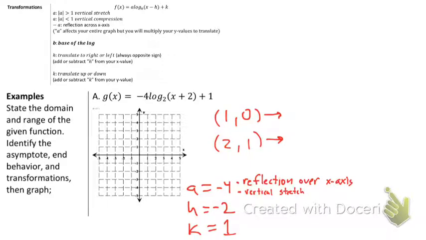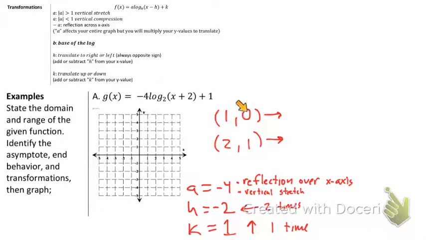Our h value is -2 because we switched the sign, so that means we're going to shift backwards 2 times. And k is +1, which means we're going to shift up 1 time. All right, so that's what's happening, but we can take care of that by just applying the algebra to our points.